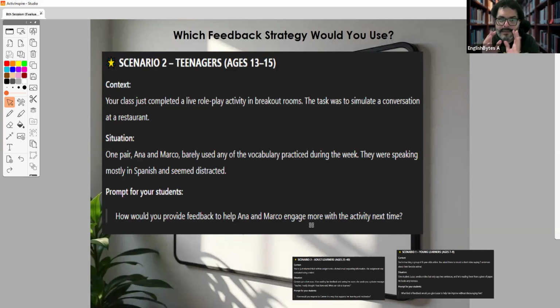So the thing is, you separated your students in groups, online format, and when you entered Anna and Marco's meeting, they barely used the vocabulary. They were speaking mostly in Spanish. So what would your feedback be to help them engage more with the activity next time?